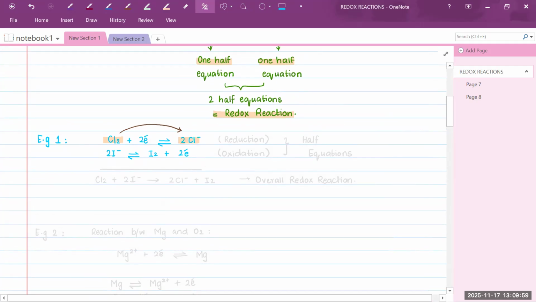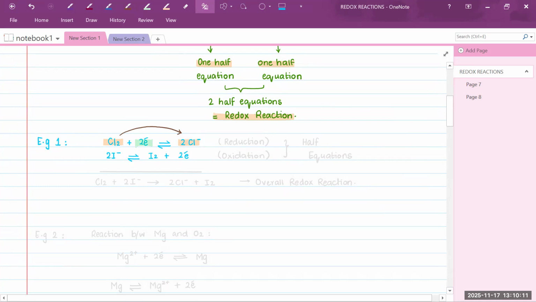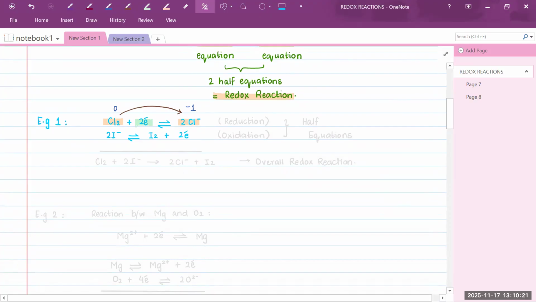As we can see, there is a gain of electrons here, and also we can see with regards to oxidation number, as I told you in an example, it is going from 0 to -1, which means it is reduction, right? So this is reduction.